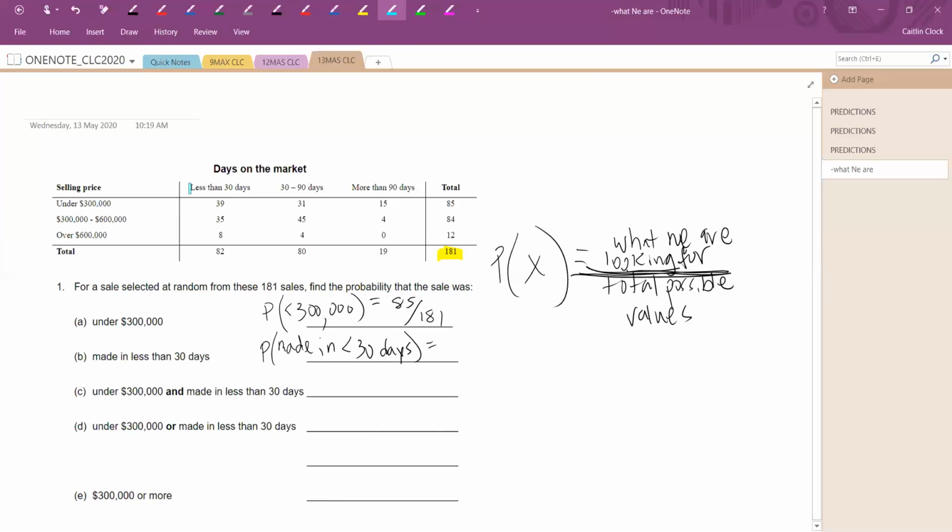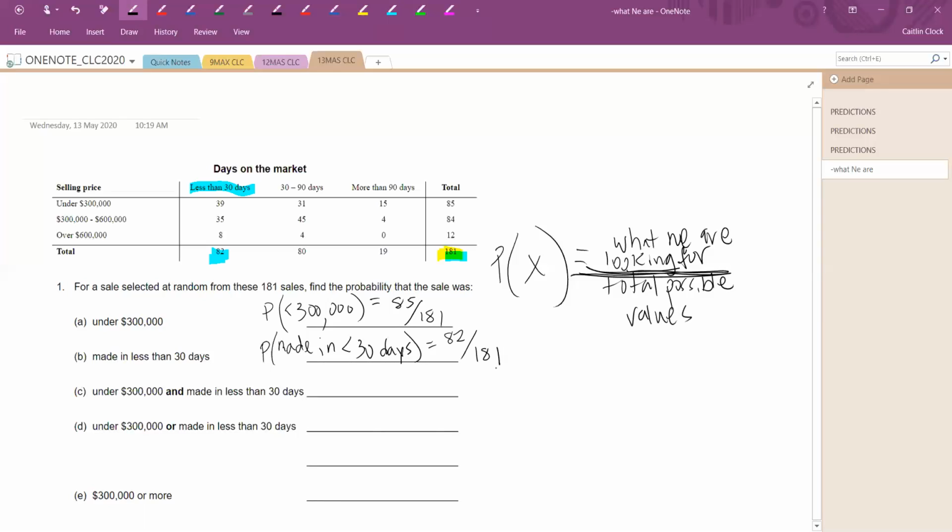In this case, we're looking at the column, so we're looking down to find 82. And again, it's only for one piece of information, so it's out of the total. So this will be 82 out of 181.